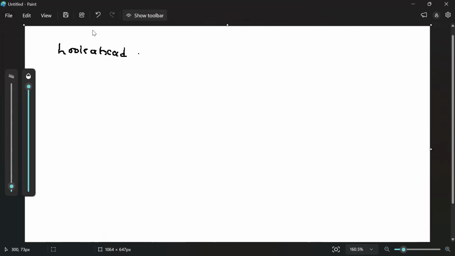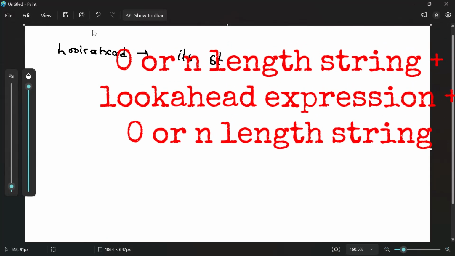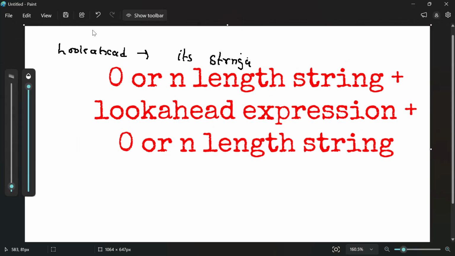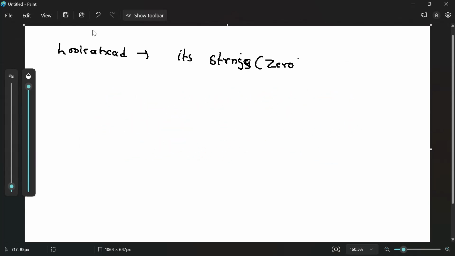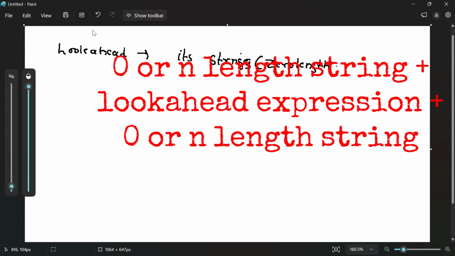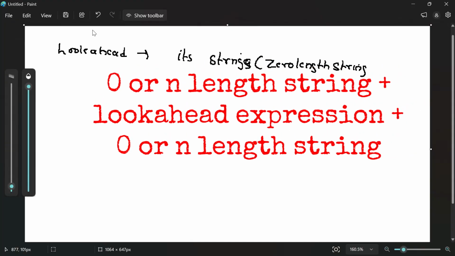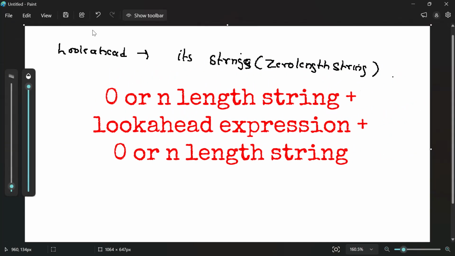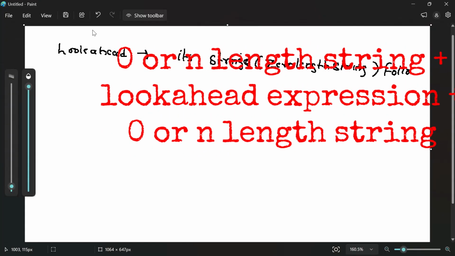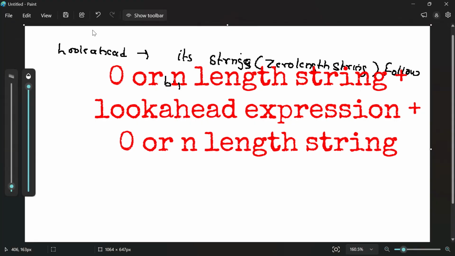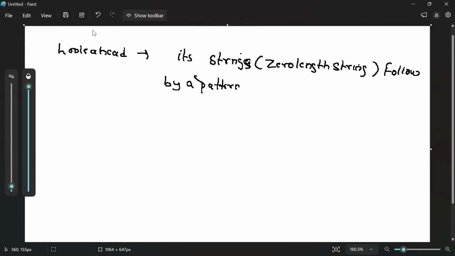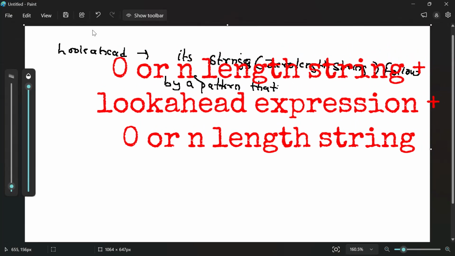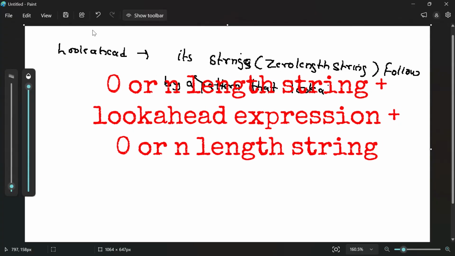When we talk about look ahead, it's a combination of string that could be zero length string. Combination of zero length string followed by a pattern, and that pattern we call look ahead.